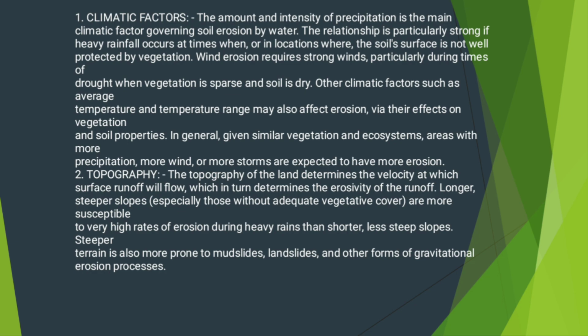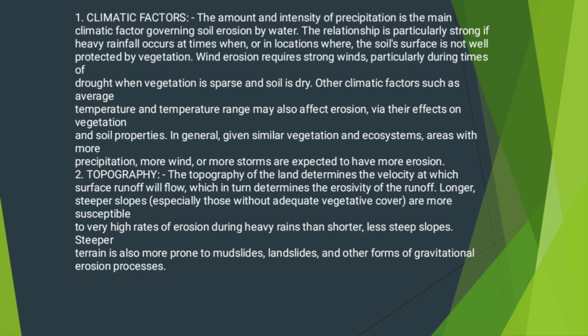Another factor is topography. I think we all understand what topography means. We can explain by saying that the topography of the land determines the velocity at which surface runoff will flow, which in turn determines the erosivity of the runoff.